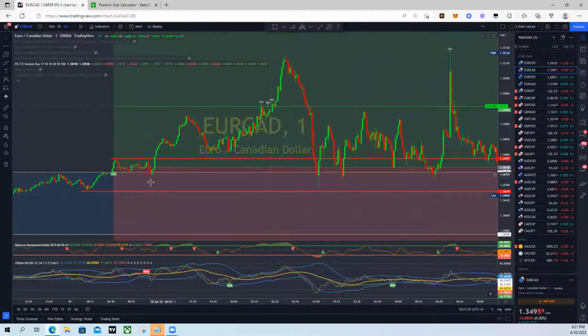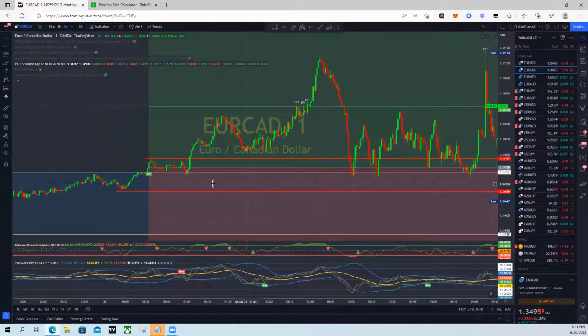But as you guys can see, just even on this trade setup from yesterday, notice that 10 pip move that we caught. It was an easy 15 pips.